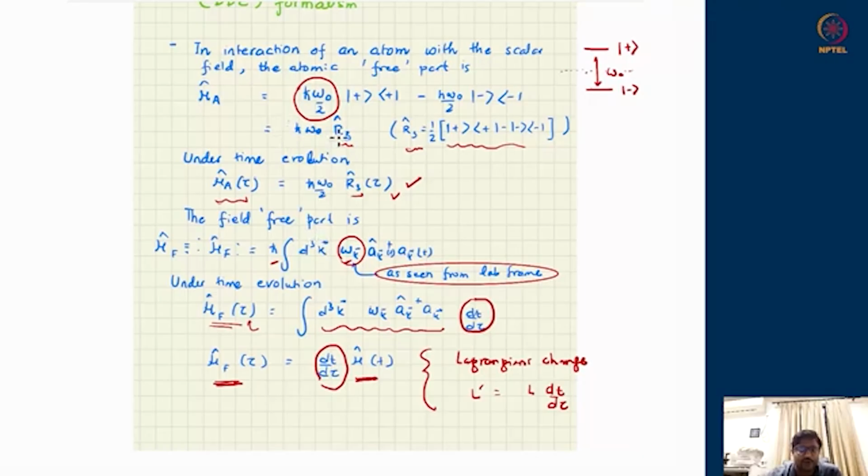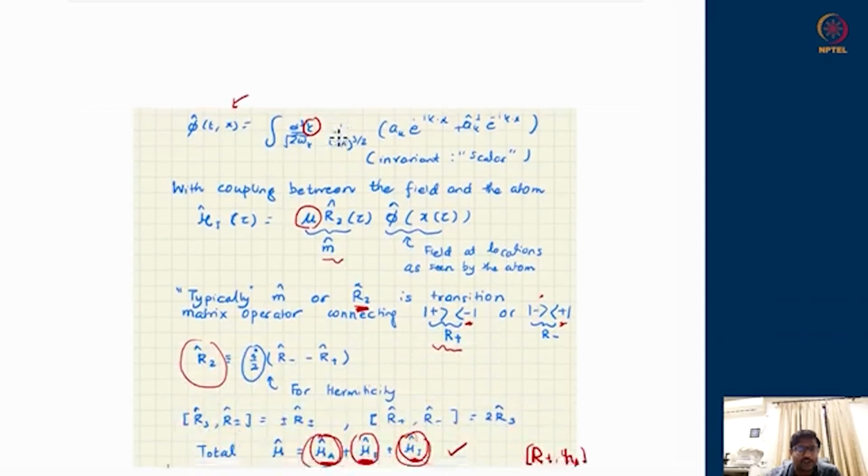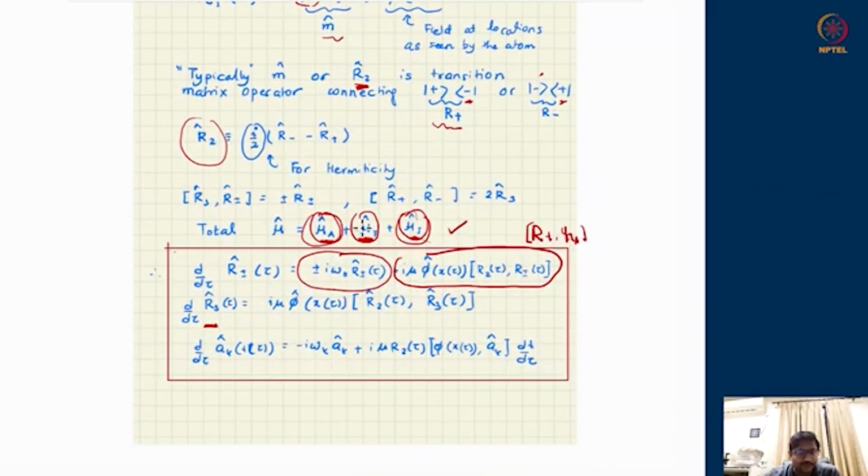R3 will also commute with HF, because HF is made from different operators, field operators only. They do not concern the atom. So the only thing surviving with non-zero value is R3's commutator with HI. And remember what HI was? HI was just some mu times R2. So the total term on the right-hand side will be the commutator of the interaction Hamiltonian with respect to R3, and that's why this term will survive.